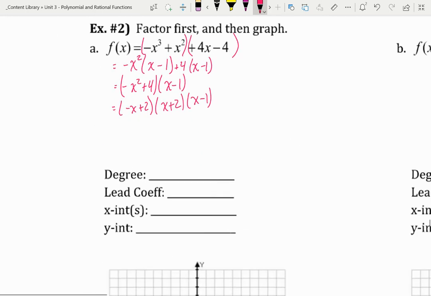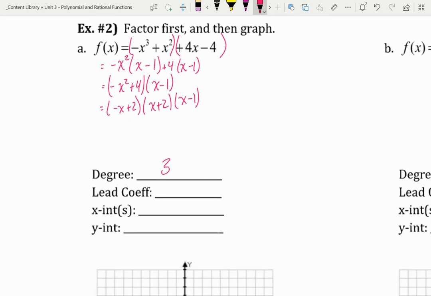My degree, we can look at the beginning. I get a 3, -1, so it's odd, a negative. My x-intercepts are going to be -2, 1, and 2.